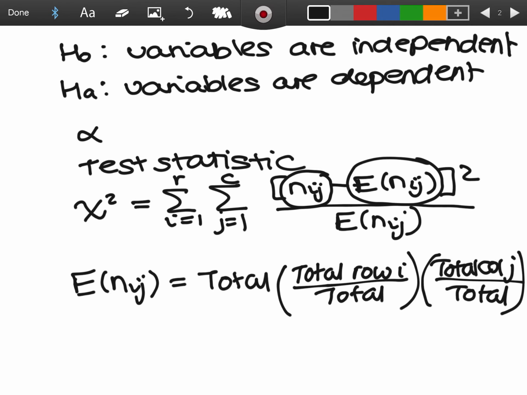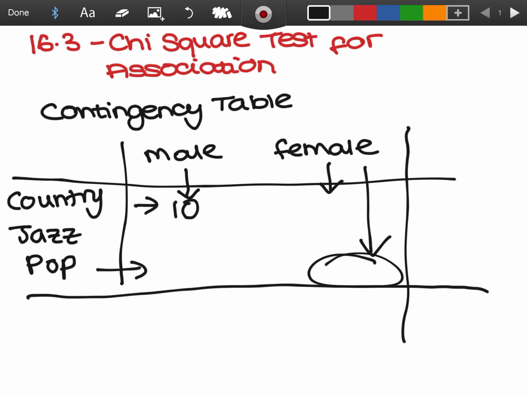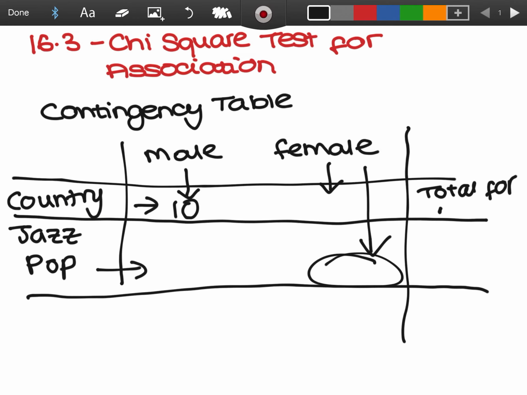So what that tells me, let's go back again. When you did this table, I could add up all the people that fell into this row, and the total for that row i would go here. In this case, it's actually the total for row 1. You could do that for every single row.